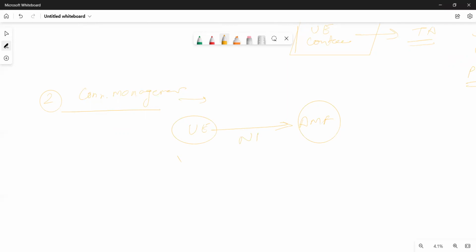So when we establish N1 control signaling between UE and AMF, UE goes from CM idle to CM connected state, right? CM is your connection management, जैसे रजिस्ट्रेशन केस में RM था, यहाँ कनेक्शन मैनेजमेंट केस में CM रहेगा, राइट? सो N1 सिग्नलिंग कनेक्शन बेसिकली नए NAS सिग्नलिंग अलाउ करता है, राइट?